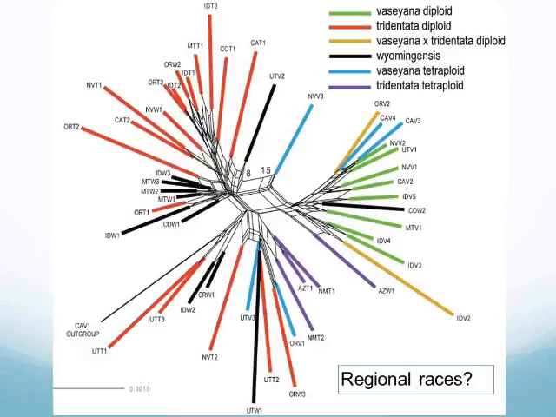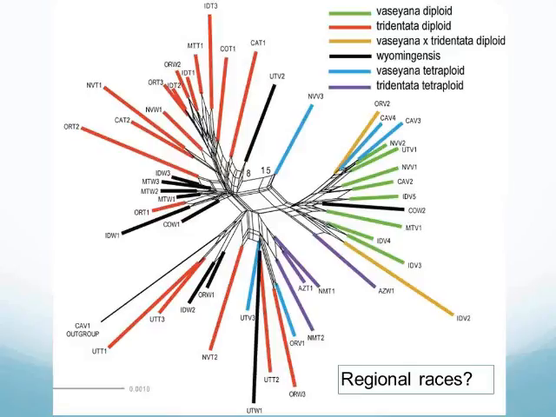This is that same tree shown with a different type of phylogenetic algorithm. It does a better job of showing hybridization. And you can see that on the left side you have this tridentata group with your tetraploids, especially your wyomingensis, interspersed throughout it.